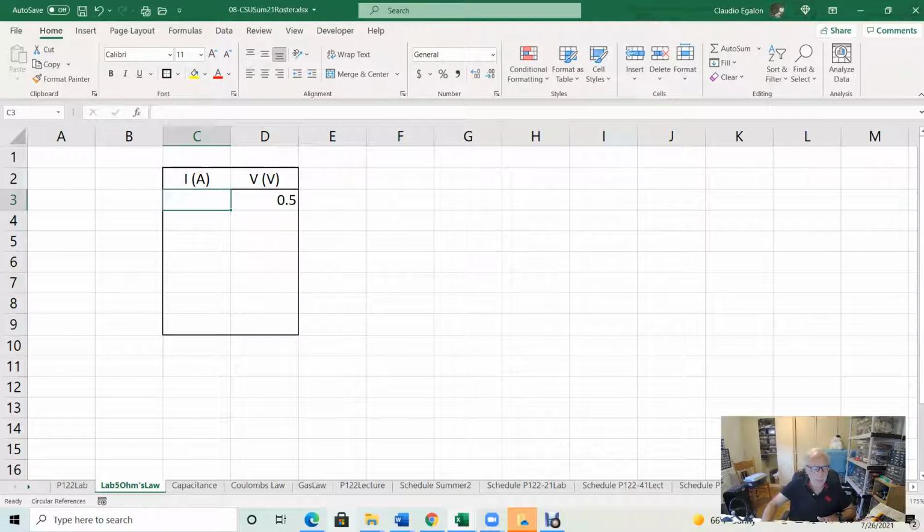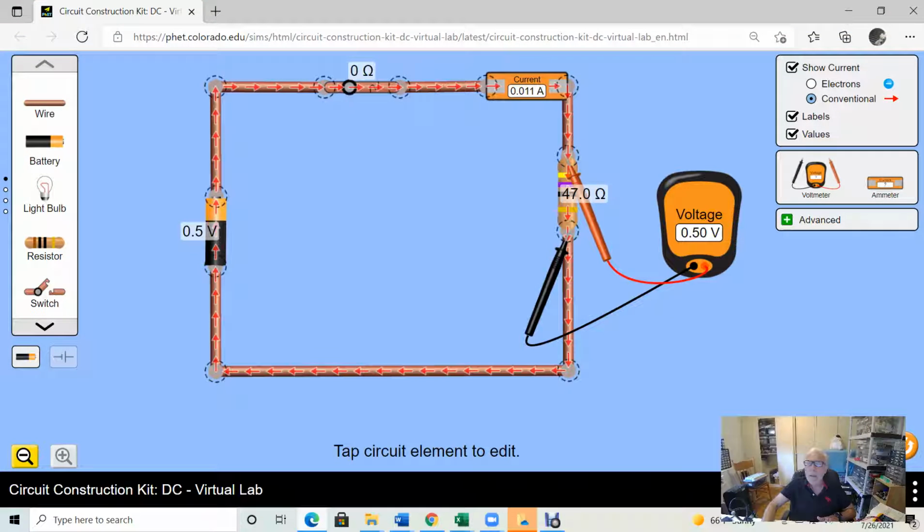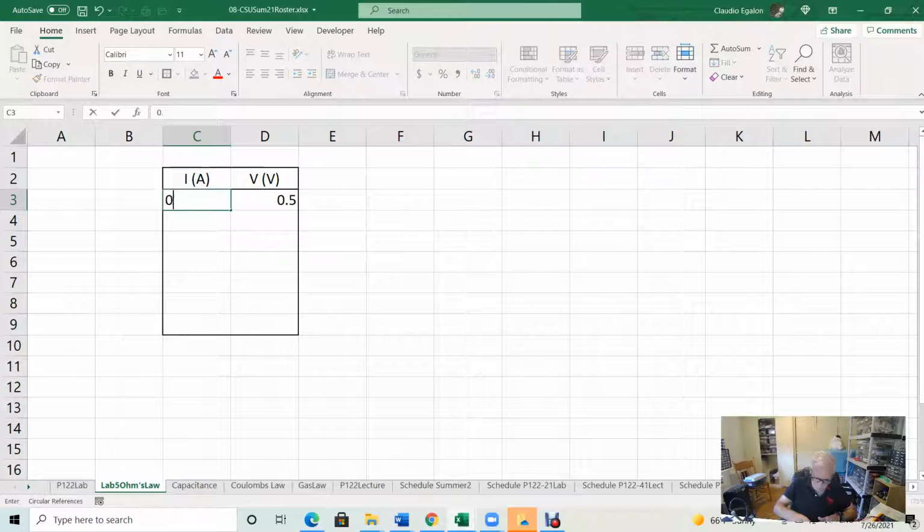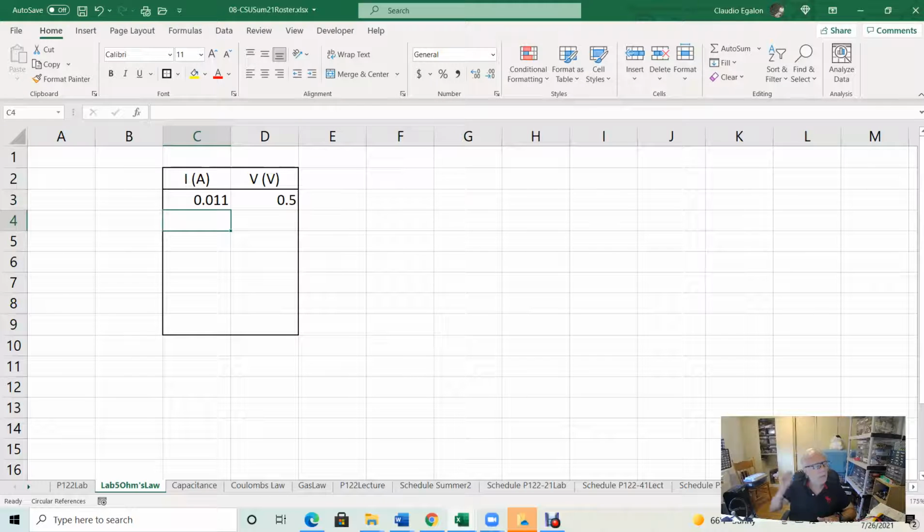Do you remember what we got there? 0.011, right? Yeah, 0.011 amperes. That's 11 milliamperes. That's a reasonable current in a circuit. That's what you see in most circuits out there, in your cell phone, LEDs, 11 milliamps. It doesn't kill you, you know. You can hardly feel it.